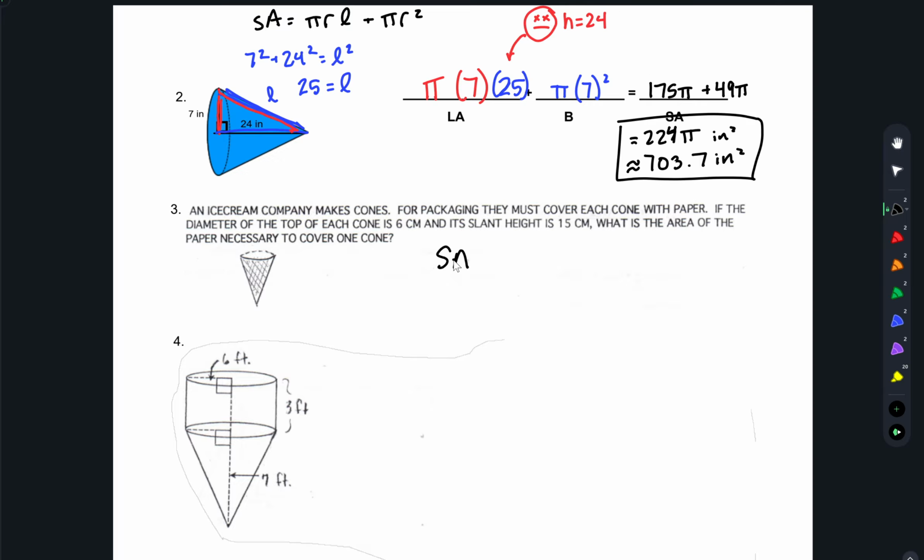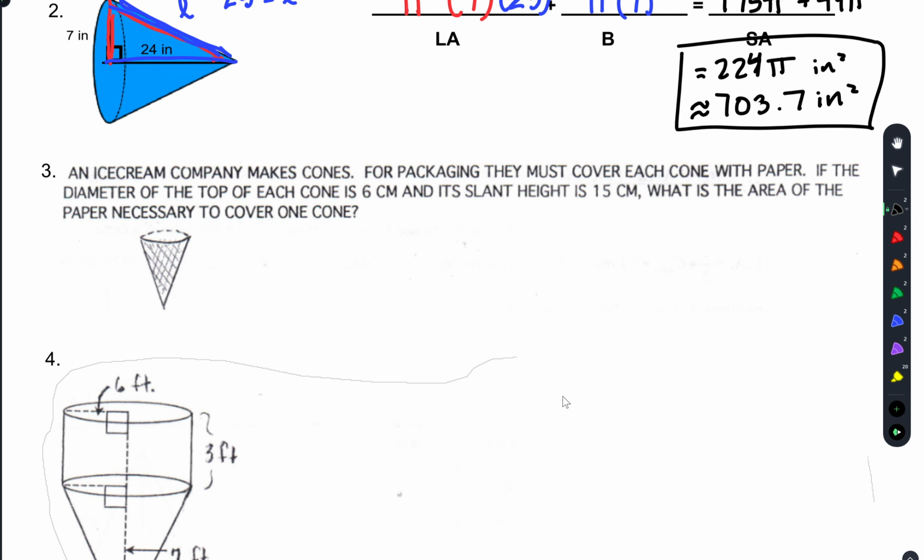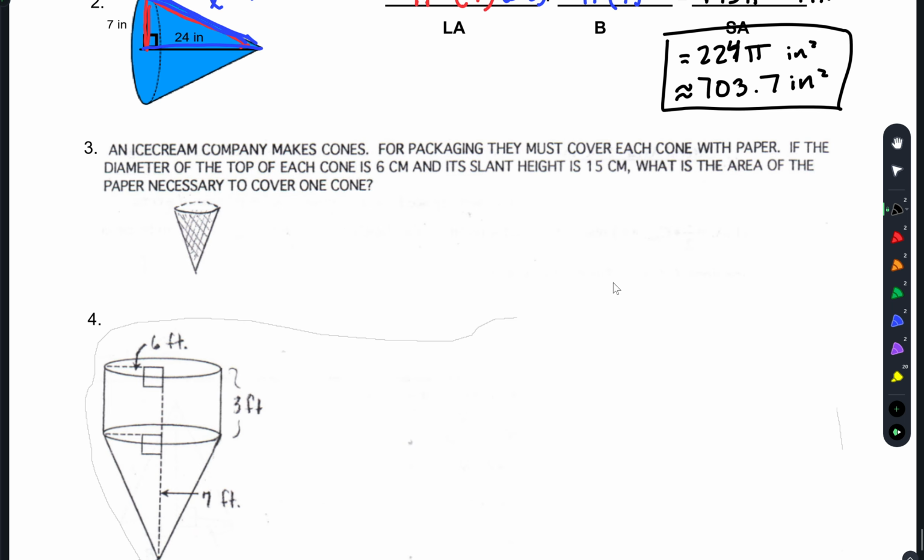So instead of saying that my surface area here is pi r l plus pi r squared, I know that pi r squared is not going to be part of my formula. So I can just find the pi r l part.